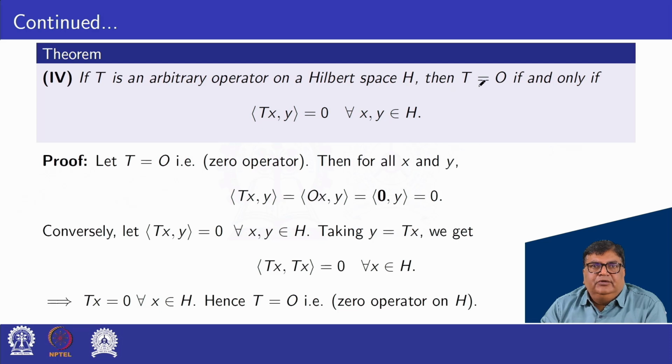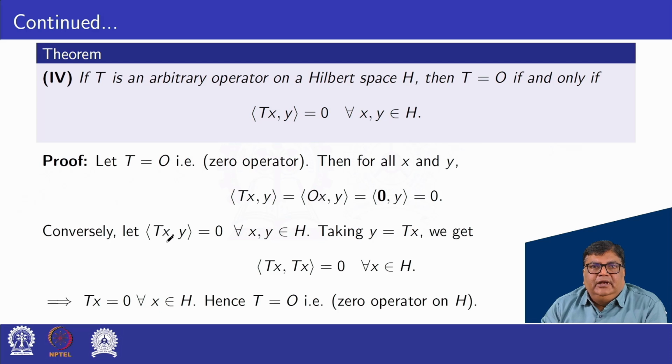Let T = O, that is zero operator. Then for all x and y, (Tx, y) = (Ox, y), and Ox is 0. So this inner product is (0, y), that is 0.